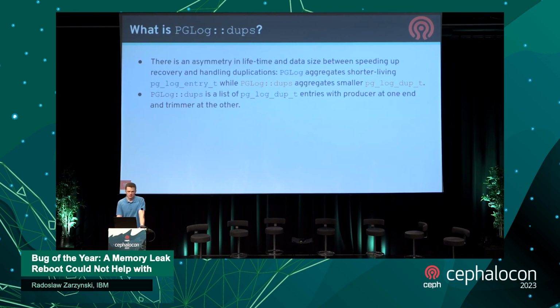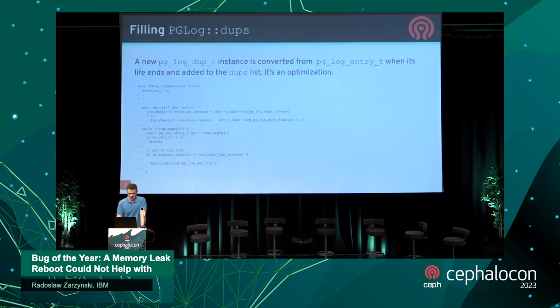This problem has been covered by introducing the dups container to the PG log. So basically, dups is something like the main list of entries, but smaller ones, just for the case of handling duplicates from clients. New dups entries are generated solely from original PG log entries. You can think about that as a compression.